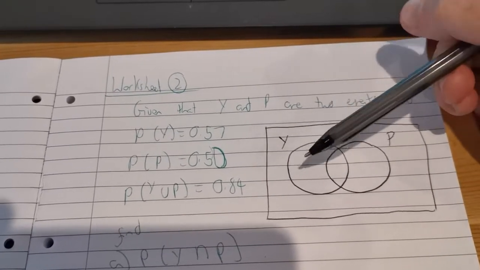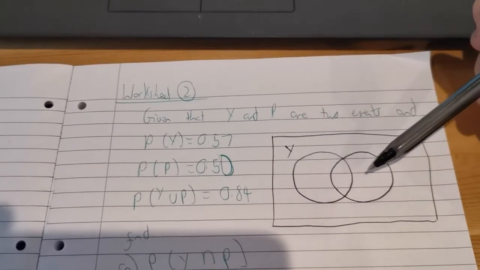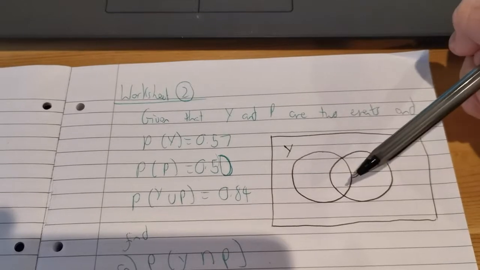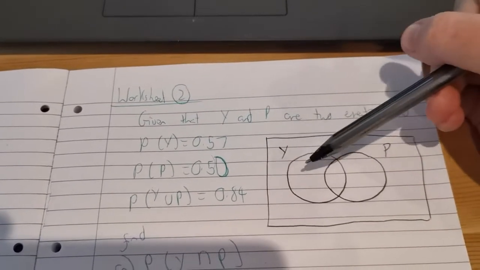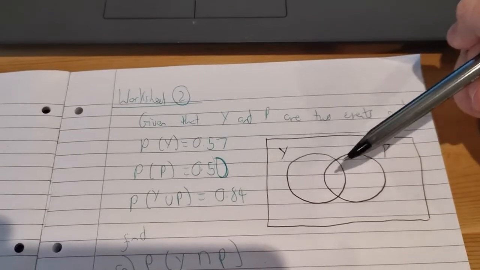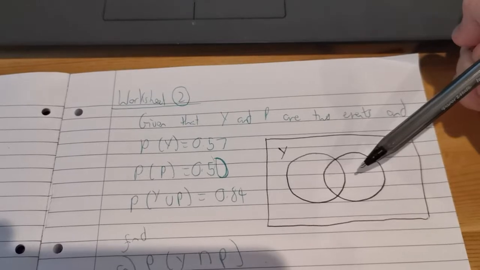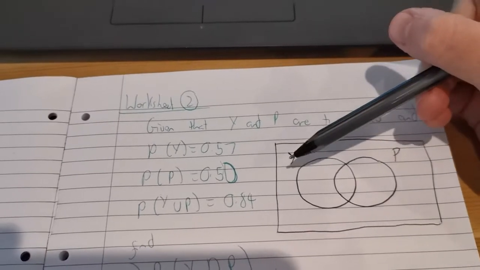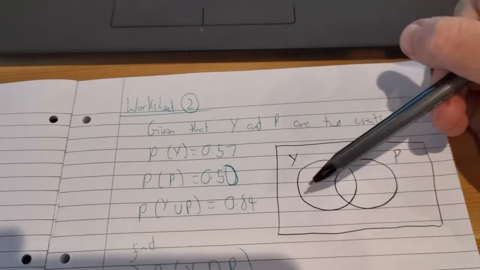Now if we think about it, if we had y or p, we'd add up this section, and this section, so that would be three sections added up. But if we worked out y, we'd add this section and this section. If we worked out p, we'd add this middle section and this section. So if we added y and we added p, I'm going to come up with four sections.